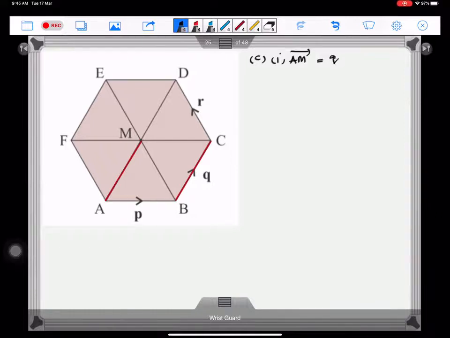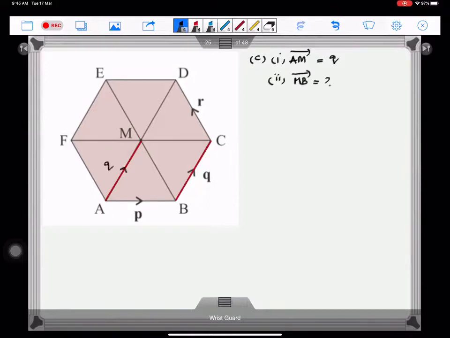And part 2, that is MB. How can you find MB? This is Q. So AM, they're asking for MB.